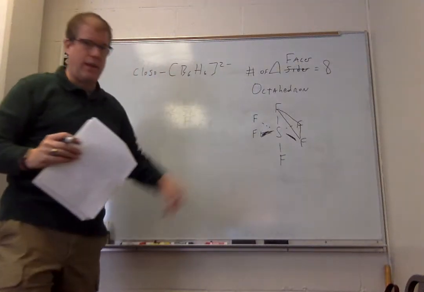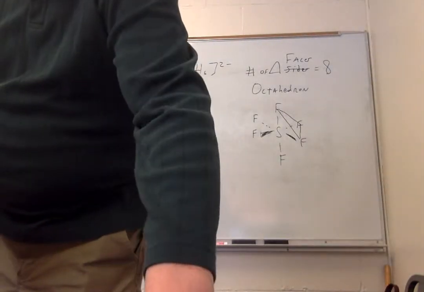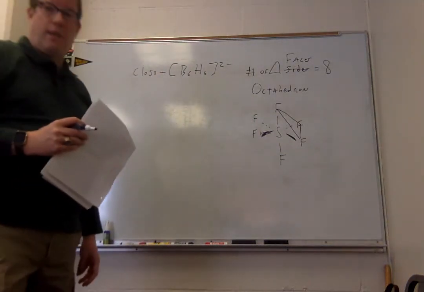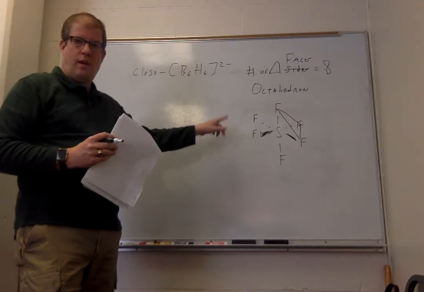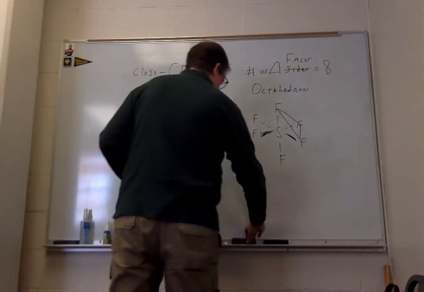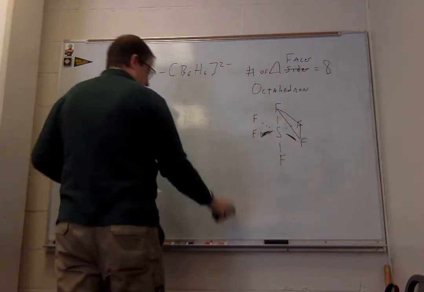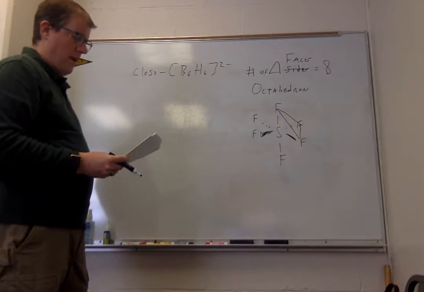So the difference between that and our stuff here is that you don't have anything at the center of the octahedron, and you have borons at each corner. So this is the anion that we're talking about, and it's closo.